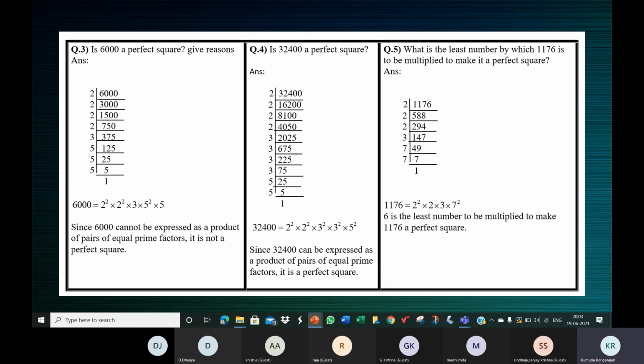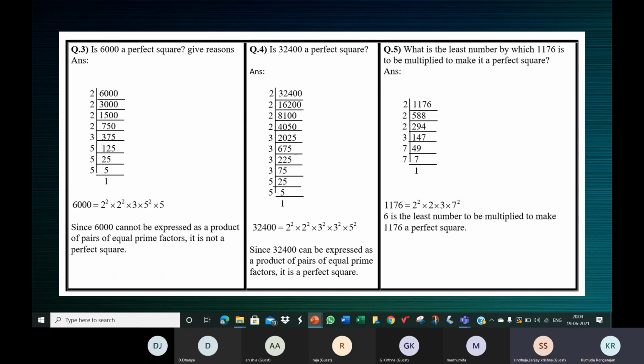Sanjay will tell the answer for the second one. What's the procedure, Sanjay? We need to first find the prime factors of the given number.